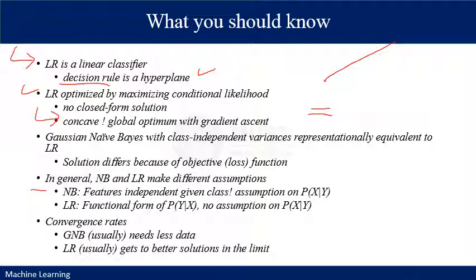Naive Bayes makes an assumption about feature independence given the class and an assumption about p of x given y. Logistic regression is a functional form of p of y given x and makes no assumption about p of x given y. About the convergence rate, naive Bayes usually needs less data and logistic regression usually gets to better solutions in the limit.